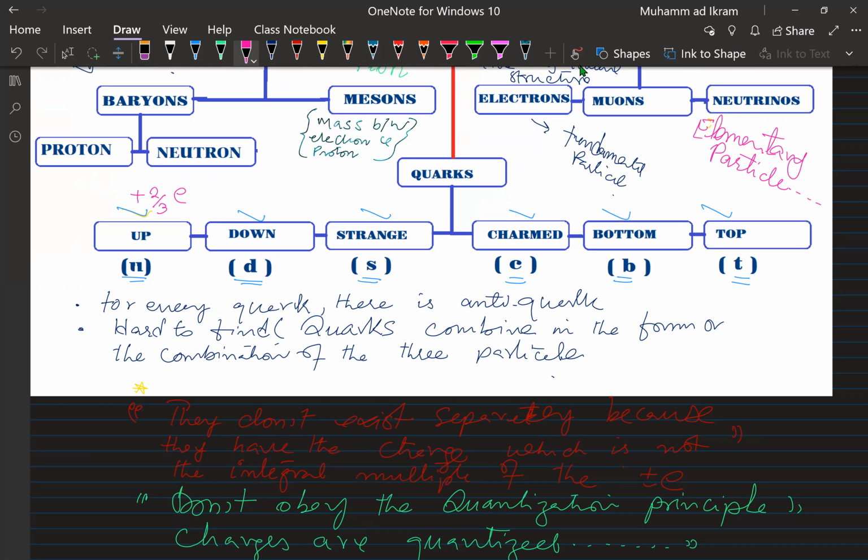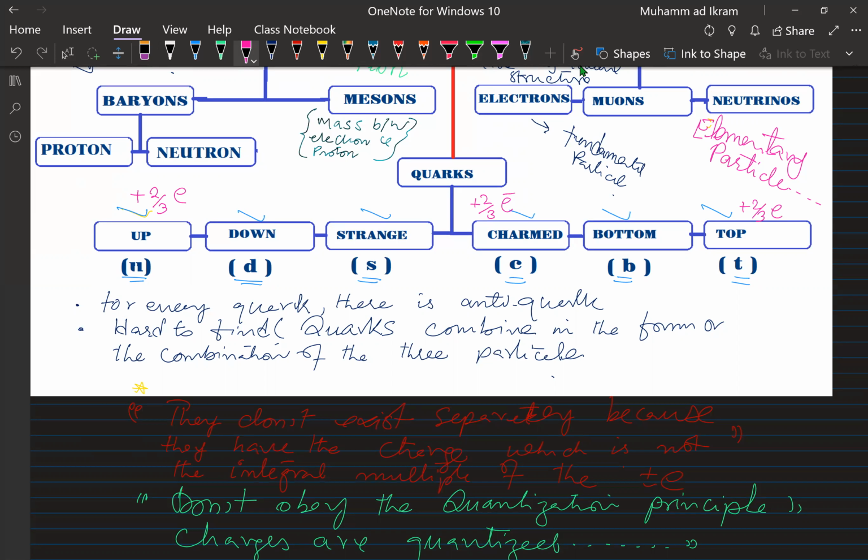And similarly, the charm has a charge of plus 2/3 of the charge on the electron, and the top also has a charge of plus 2/3 of that of the electron.